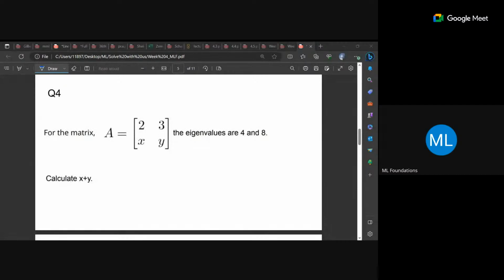Y equal 10, x equal 4, plus y equal 14. Yeah. So you are getting y equal 10 and x equal 4, right?